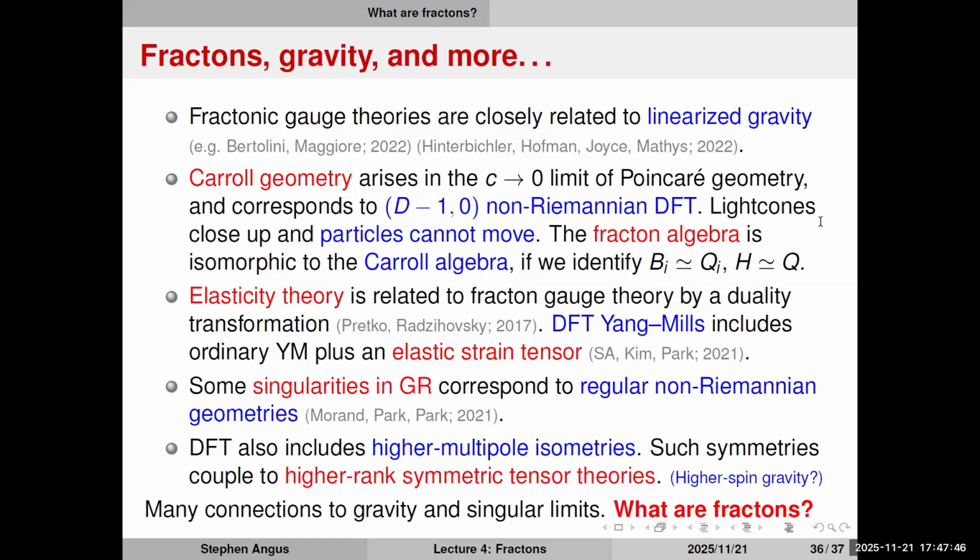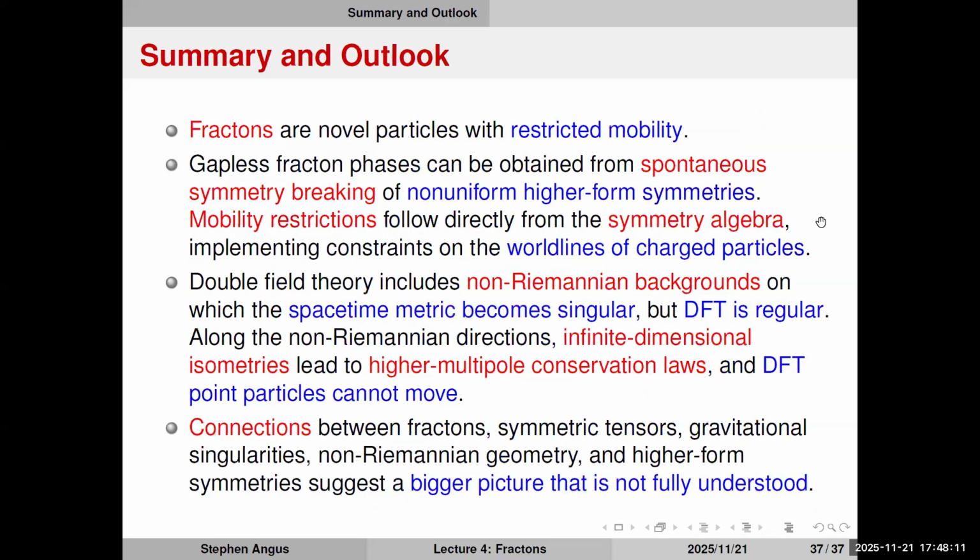Double field theory also includes higher multipole isometries, which might suggest that there are couplings not just to a rank 2 symmetric tensor, but also to higher rank symmetric tensor theories, for example in higher spin gravity. So there seem to be many connections to gravity and singular limits. I'll leave you with the question of what are fractons?